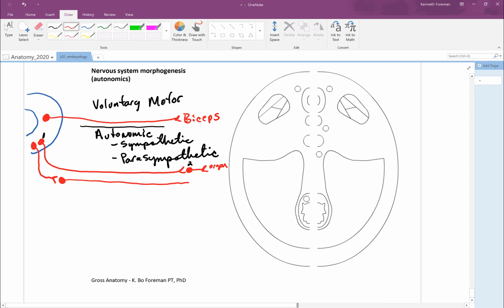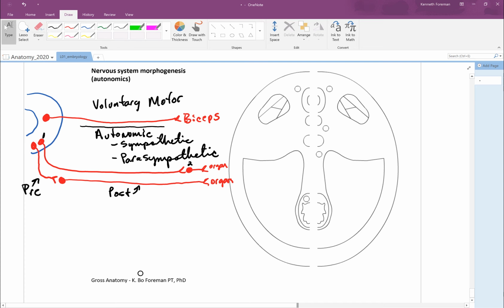So I ask you, which one is sympathetic and which one's parasympathetic? Sympathetics have short preganglionic and long postganglionic. Okay?